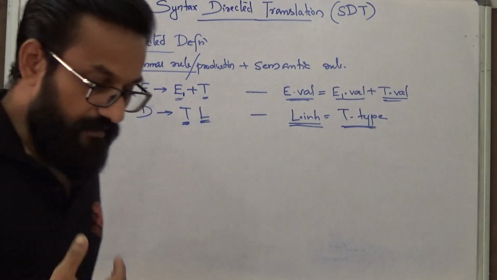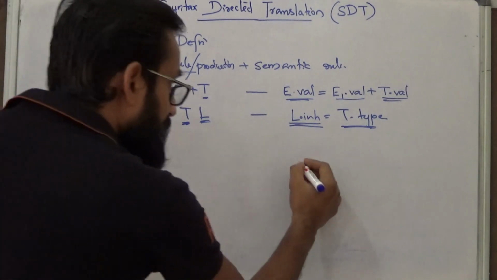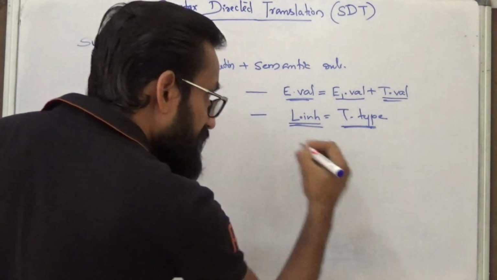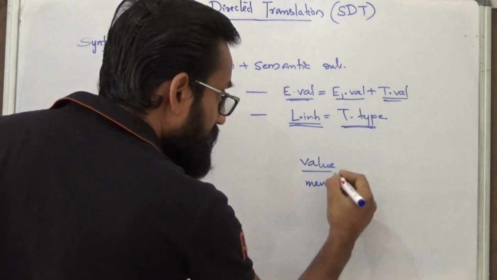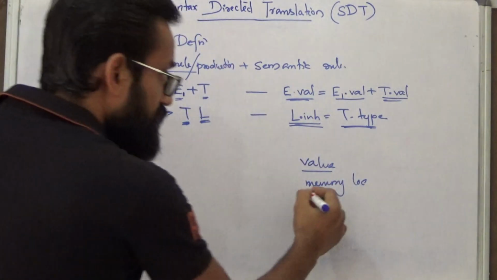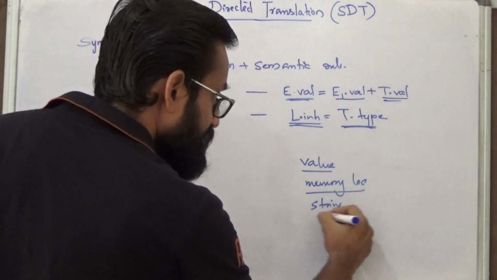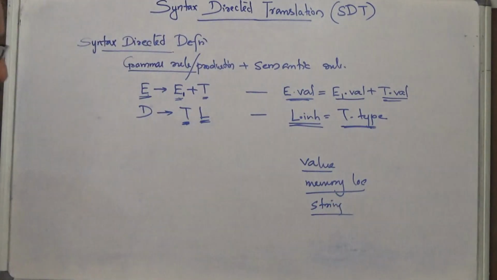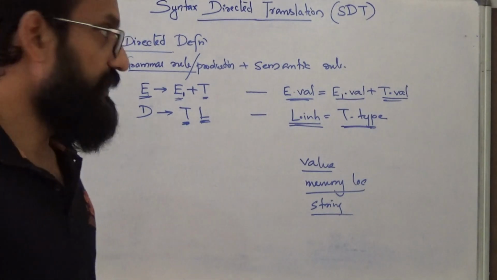This attribute can be used to represent the value of that variable, or some memory location, or some string. You can have multiple attributes for the same variable.